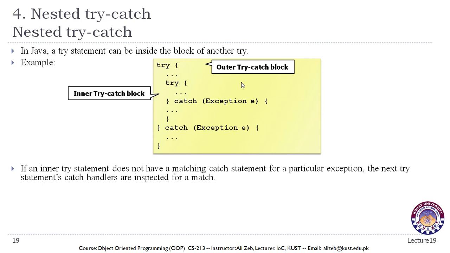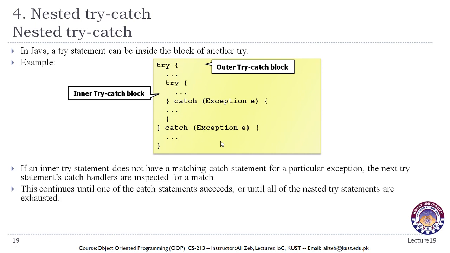If an inner try statement does not have a matching catch statement for a particular exception, the next try statement's catch handlers are inspected for a match. So for example, if an exception is not handled by this inner try catch block, then the system will try to look for the exception handler in this outer try catch block.